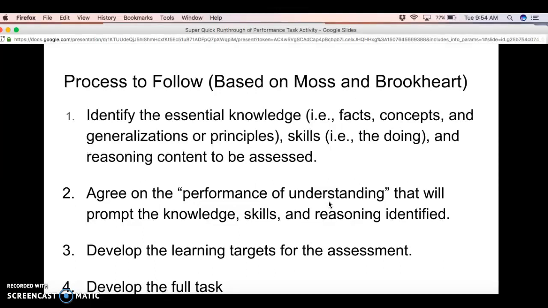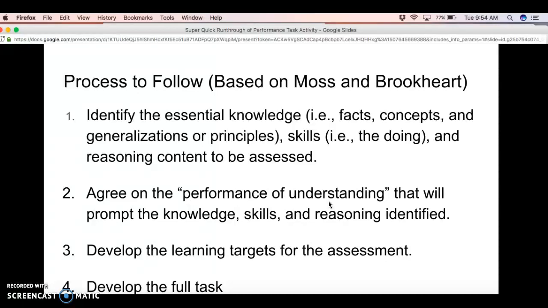And the second step is going to be how are you going to measure, right? You're going to come to a general agreement about the performance of understanding that will prompt what you identify in step one. And when you get to step two, all you really need to do at this point is just say, we want them to write in this way, or they're going to develop an experiment, what have you.